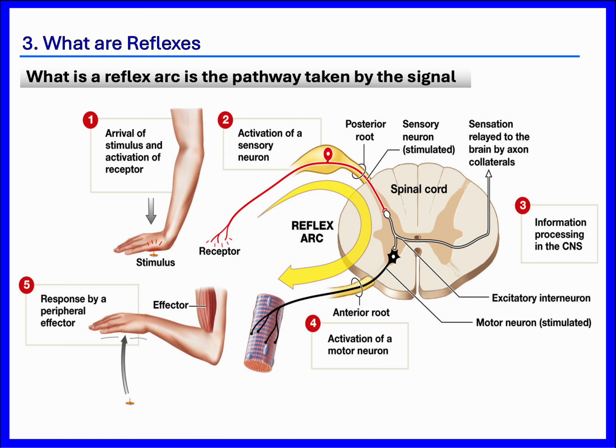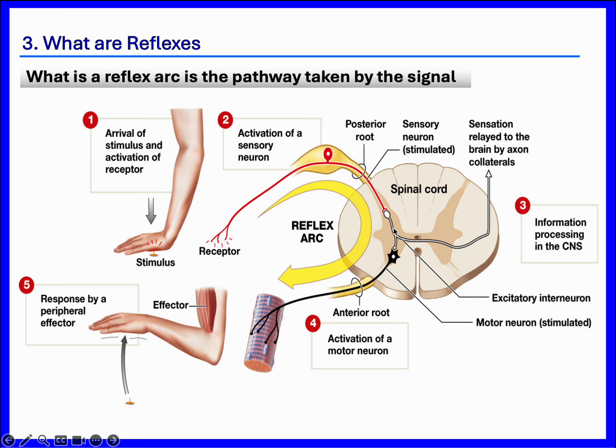So the last thing I need to do is explain what the reflex arc is. The reason why it's called a reflex arc is that it looks like an arc. It just goes in and out. There's no going up to the complicated cerebral regions, right? Arrival of the stimulus: you step on this, you put your hand on this tack. The receptors detect the pain. They activate the sensory neuron.